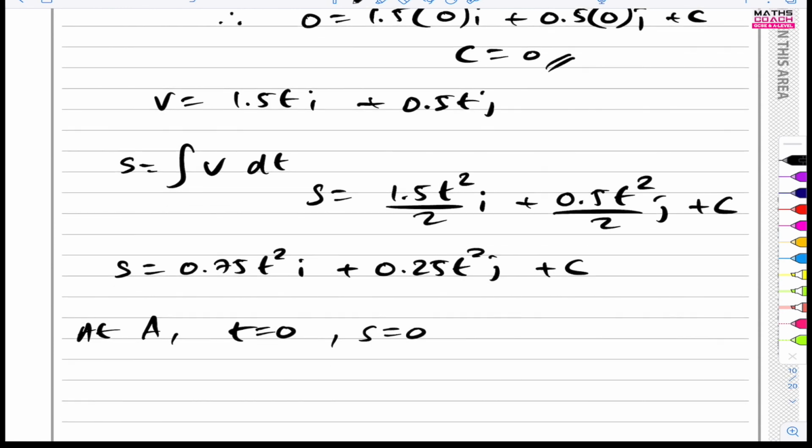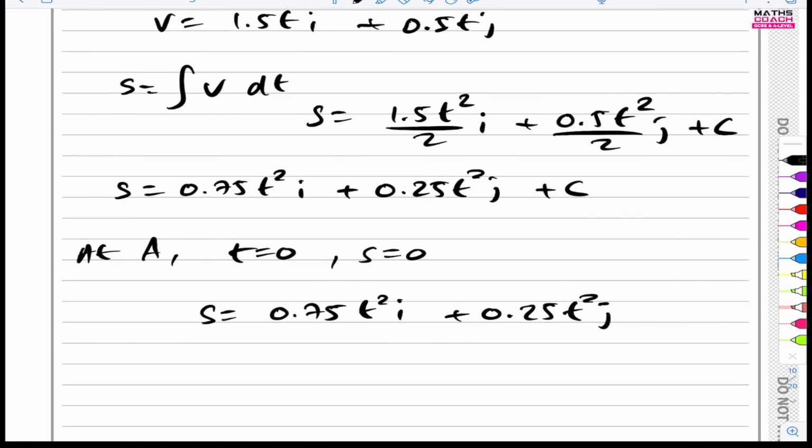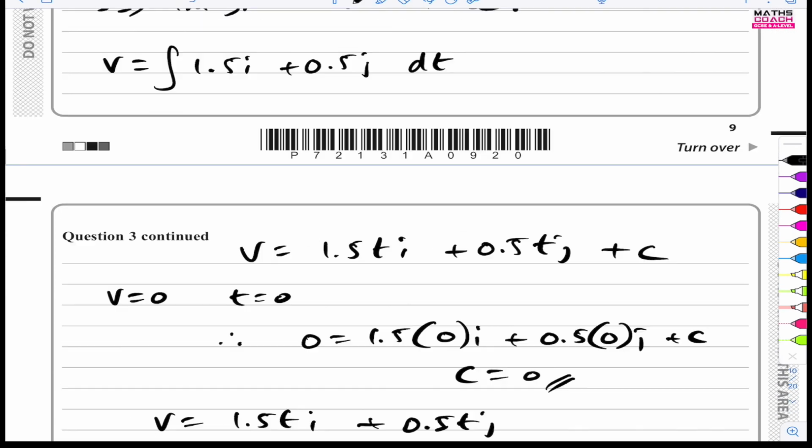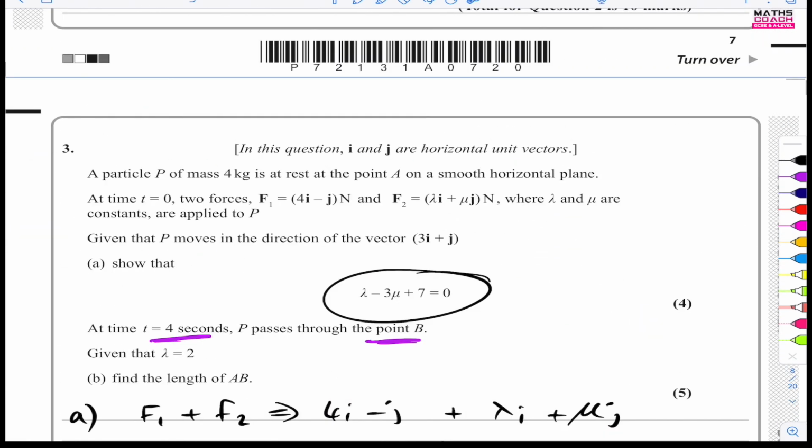So therefore, it's going to be 0 in here, 0 for the t's, and like I said before, c is going to be 0 as well. So therefore the full and final formula for s is 0.75 t squared i plus 0.25 t squared j. Now, this is what I have. If you remember, the question is looking for the position vector or the position of point B, which is at t equals 4 seconds.